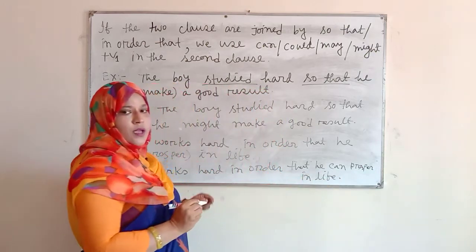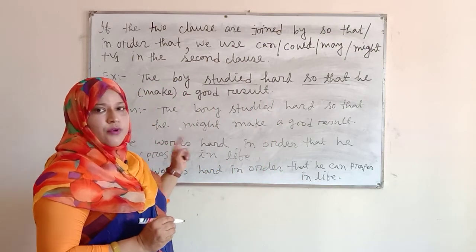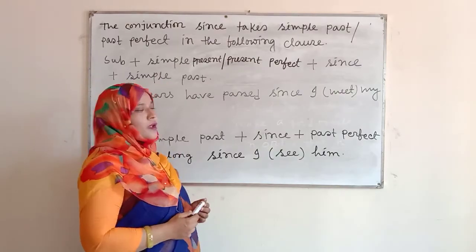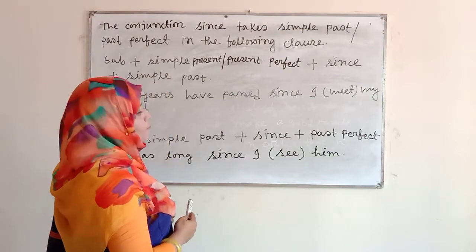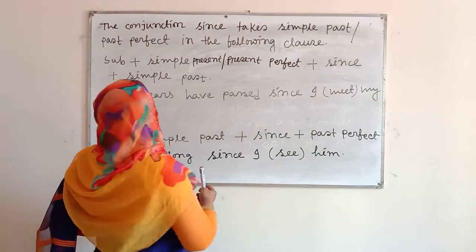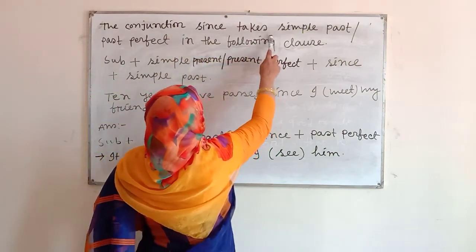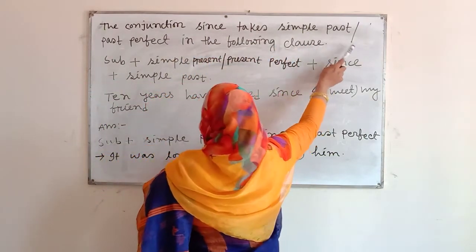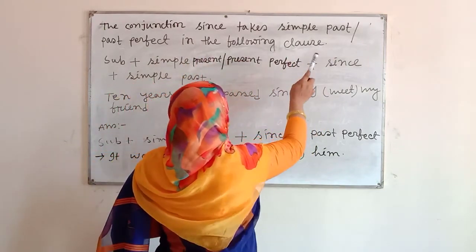I hope that you have understood the rules. Now let's go for the next rule. Dear students, look at the structure very carefully and attentively. The conjunction since takes simple past or past perfect in the following clause.